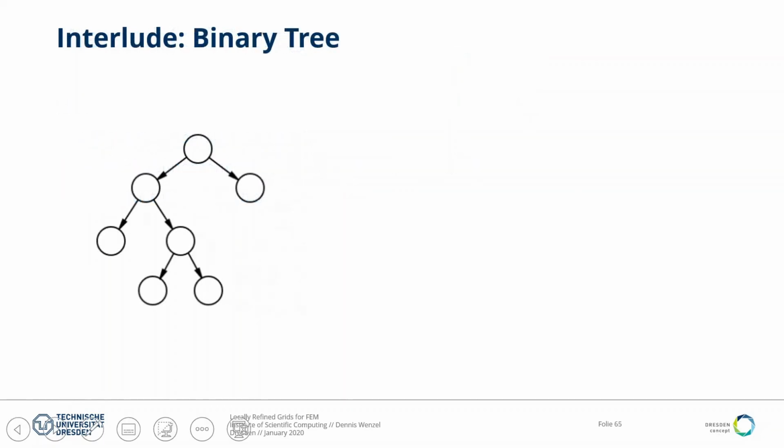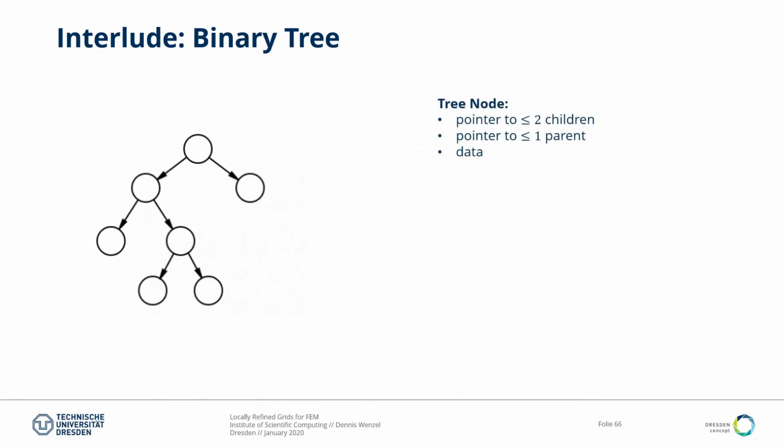So what's a binary tree? Many of you probably have heard about this before, but I'm going to do this in a short interlude. Trees are always drawn like this. A tree node is some abstract data object that has three things essentially. It has a pointer to 2 or fewer children. So if you look at one of those nodes here, they have pointers telling me that this is my child and this is also my child.